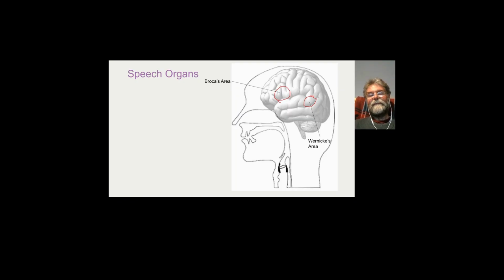Wernicke's area damage, however, causes something very different to happen in the patient. They have no problems in stringing words together and produce very fluent and very verbal kinds of language, but it tends not to make sense. It tends not to be the kind of thing that the person intended to say.